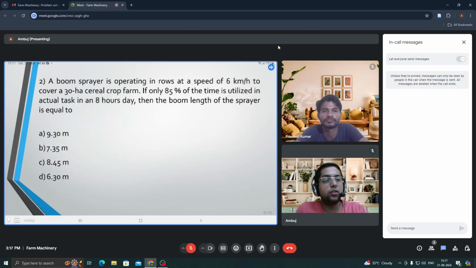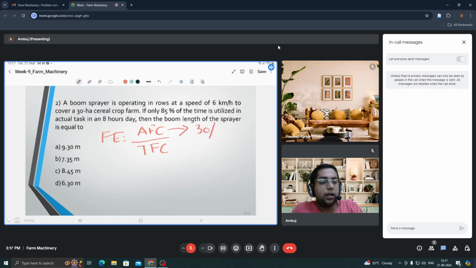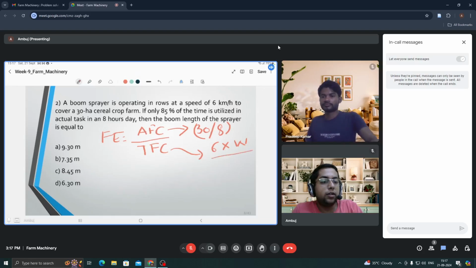I'll just write it down, as things are becoming more complicated. See here, field efficiency is actual field capacity divided by theoretical field capacity. Actual field capacity would be equal to 30 divided by 8 hectare per hour. And theoretical field capacity is S into W, this is 6 into W, where the width or boom length is equal to W. Then you have to divide it by 10.